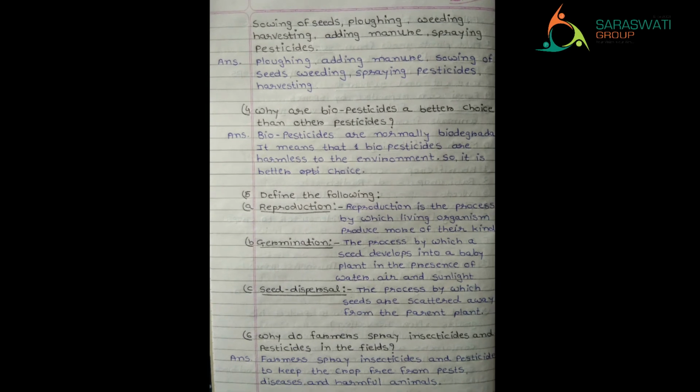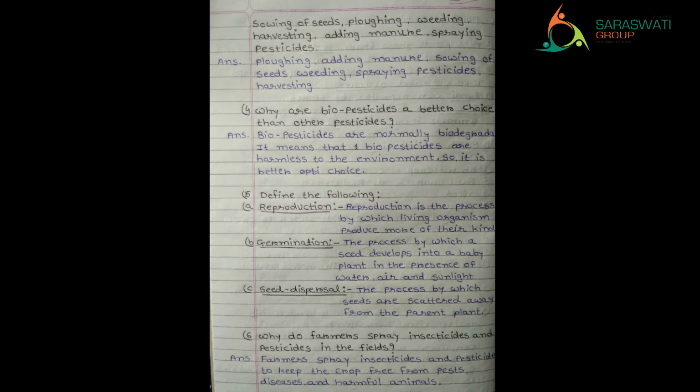The first one is plowing, plowing the field. Then after that, adding manure, right? Adding manure to it. Then sowing of seeds, right? We have to sow the seeds inside. Then weeding. If there are any unwanted plants, they are to be removed, right? And then spraying pesticides.